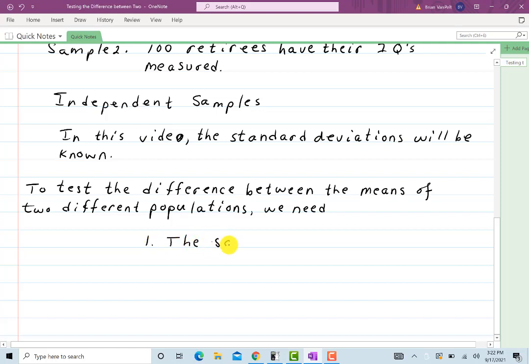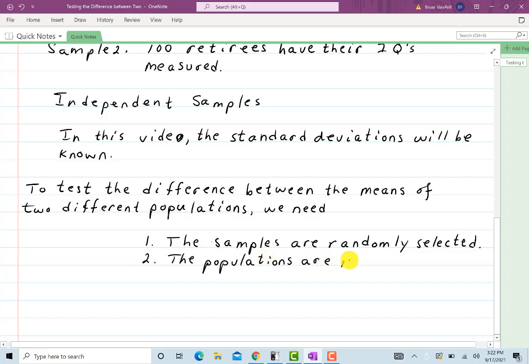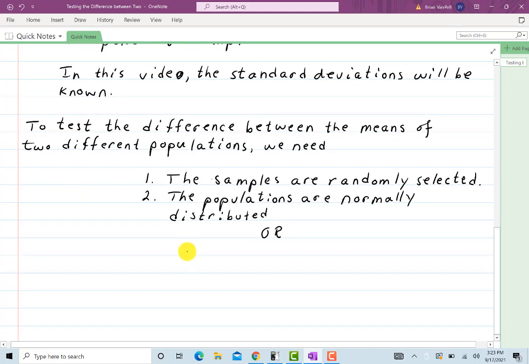The samples are randomly selected, the populations are normally distributed, or each sample size is at least 30.